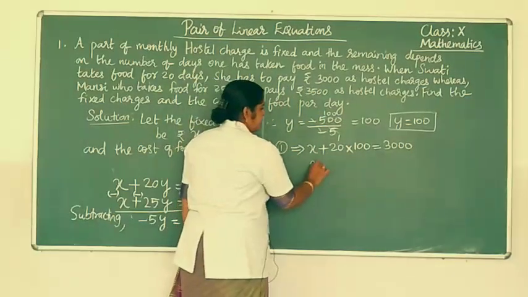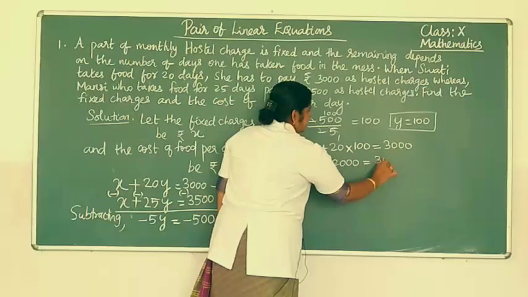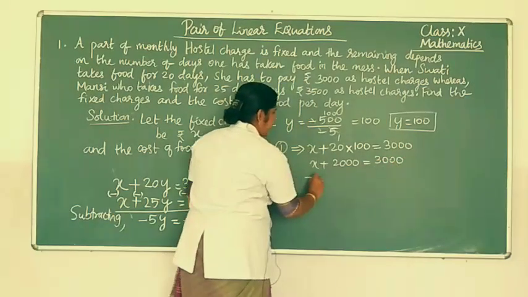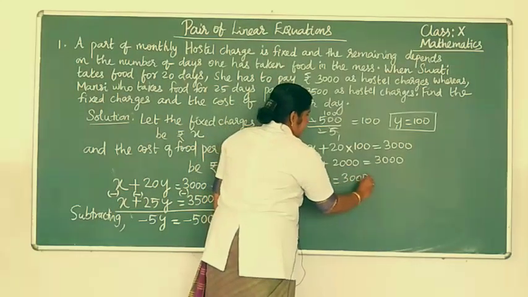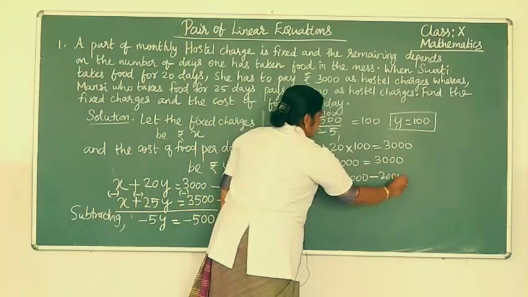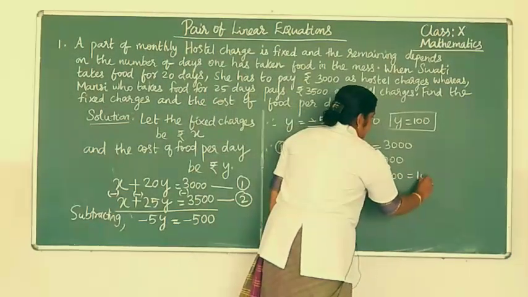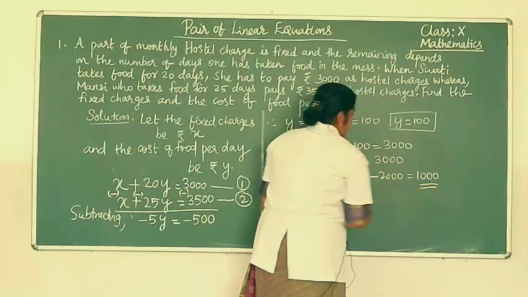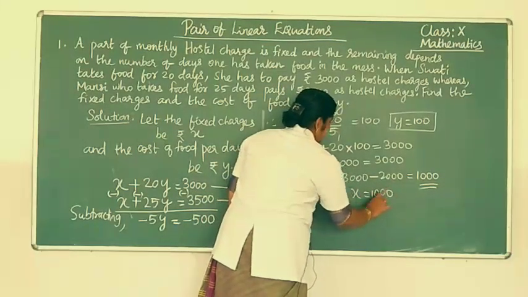What is 20 into 100? 2000. So x plus 2000 equal to 3000. This implies x is equal to 3000 minus 2000, which is rupees 1000. Therefore, the value of x is 1000.